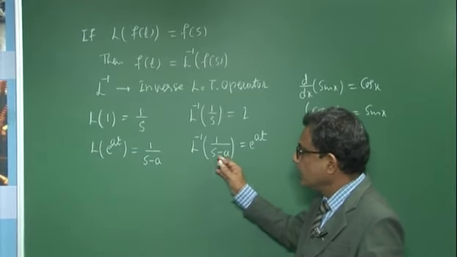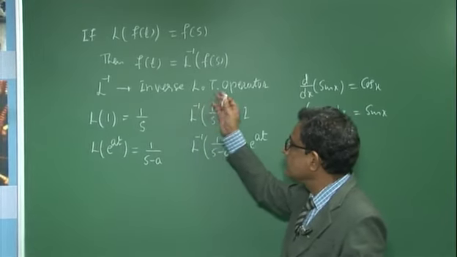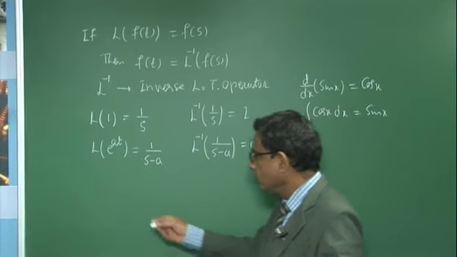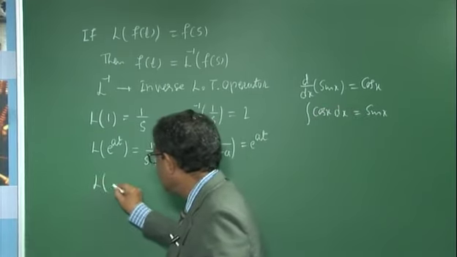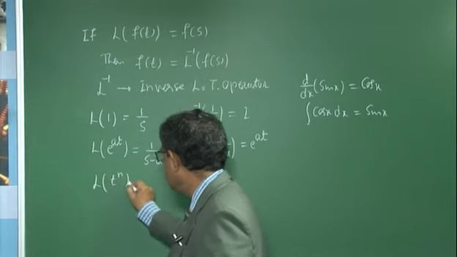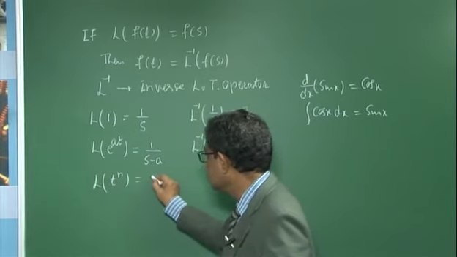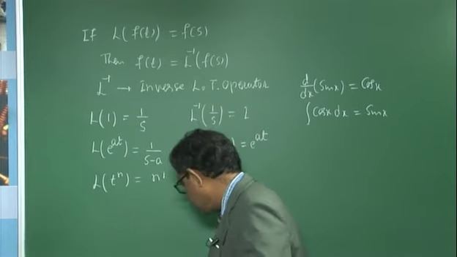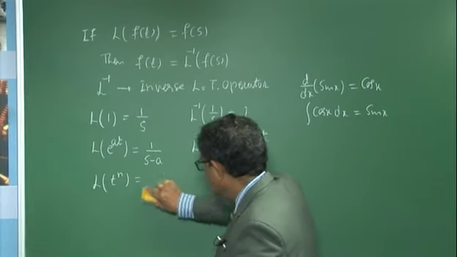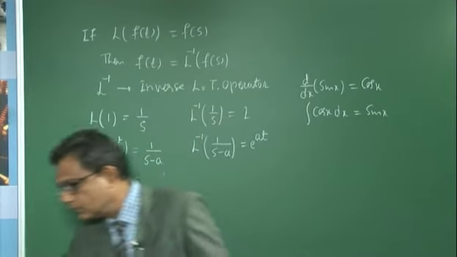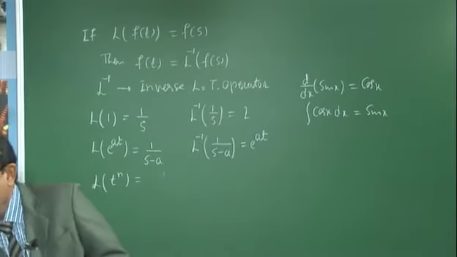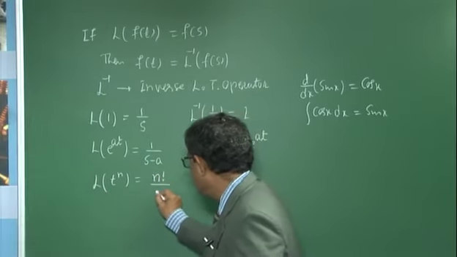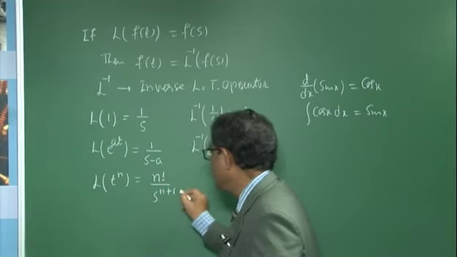Now by using this basic definition of inverse Laplace transform, we have the standard form: L of t raised to n is n factorial divided by s raised to n plus 1.